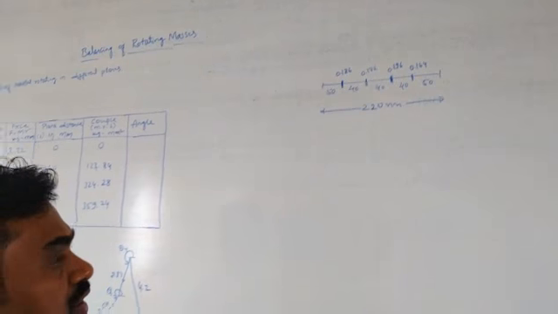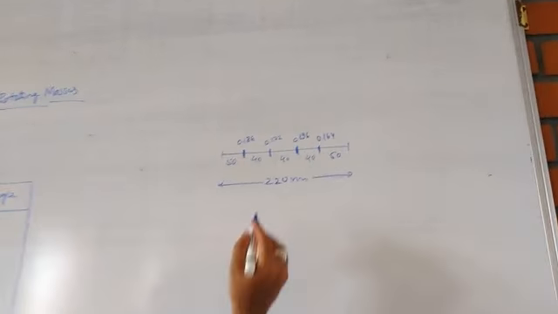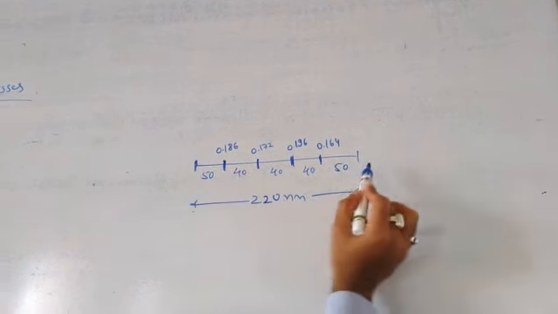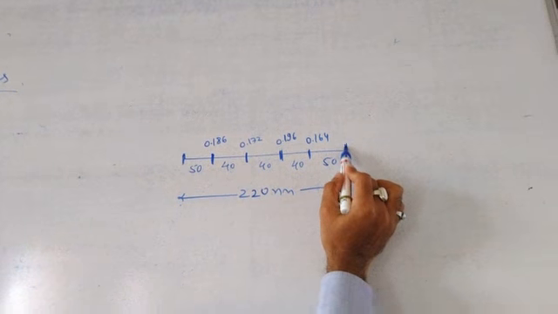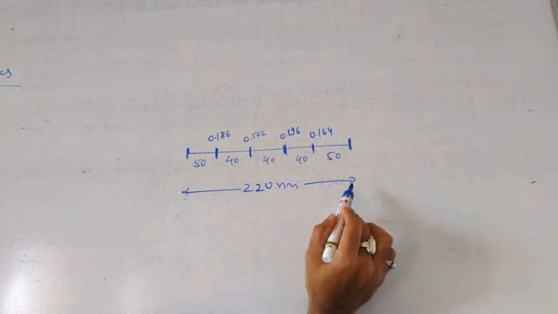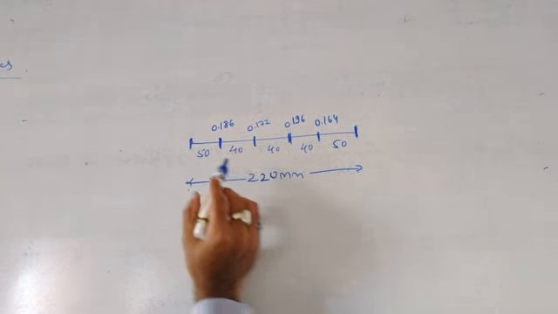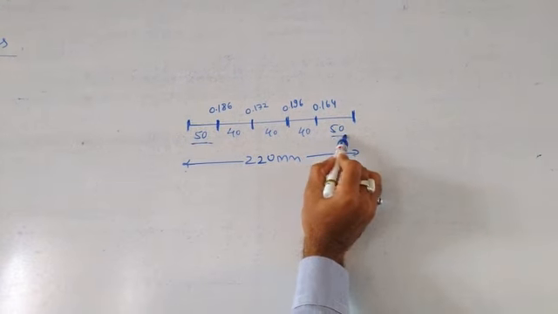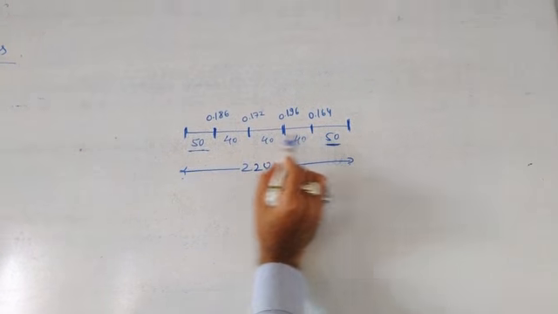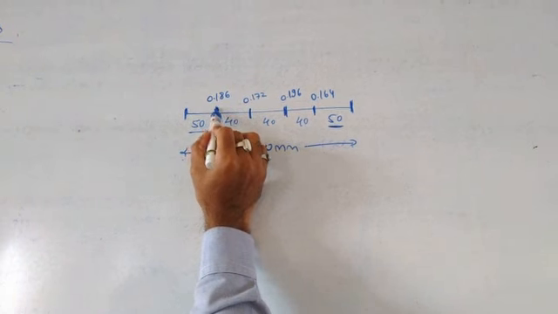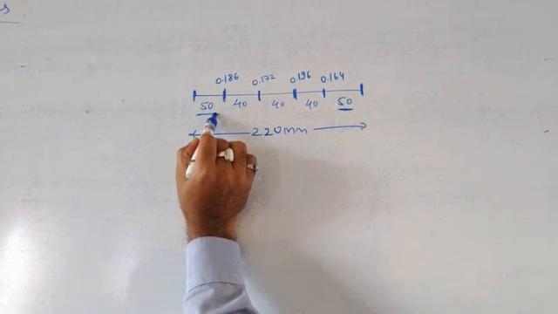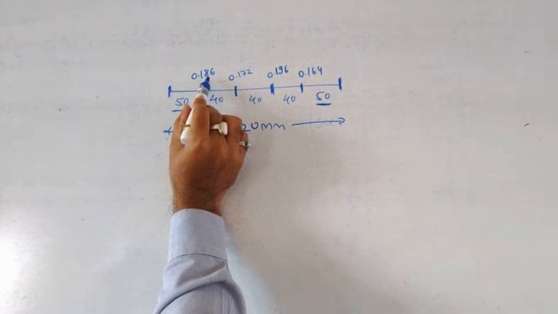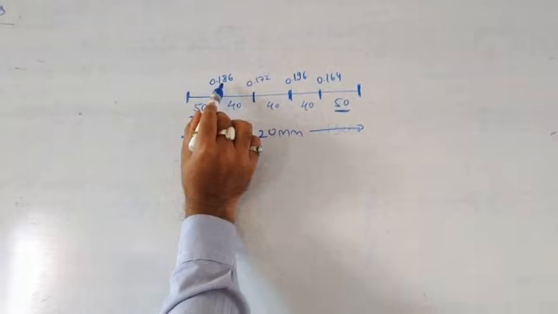In the experimental setup, the total length of the shaft is 220 mm. If you consider this as one end of the shaft and this as the other end, the total length is 220 mm. Initially we take 50 mm on this side and we place the first mass, 0.186 kg.